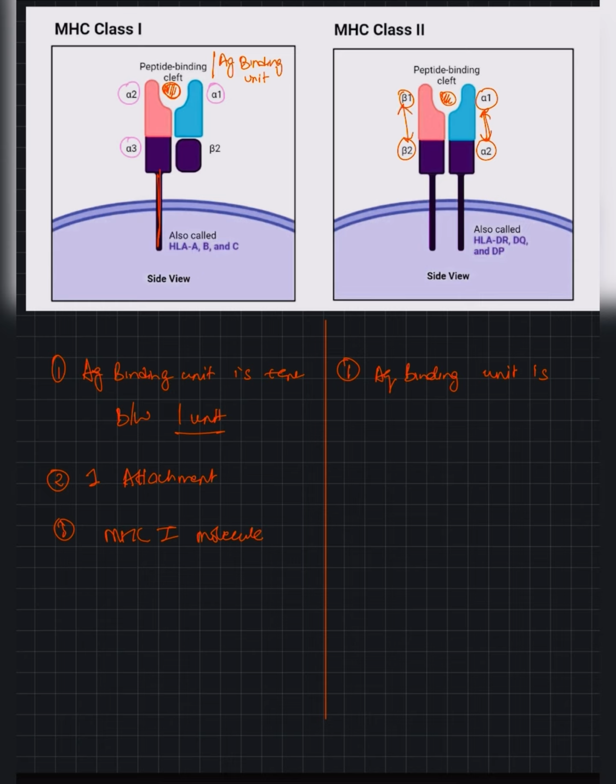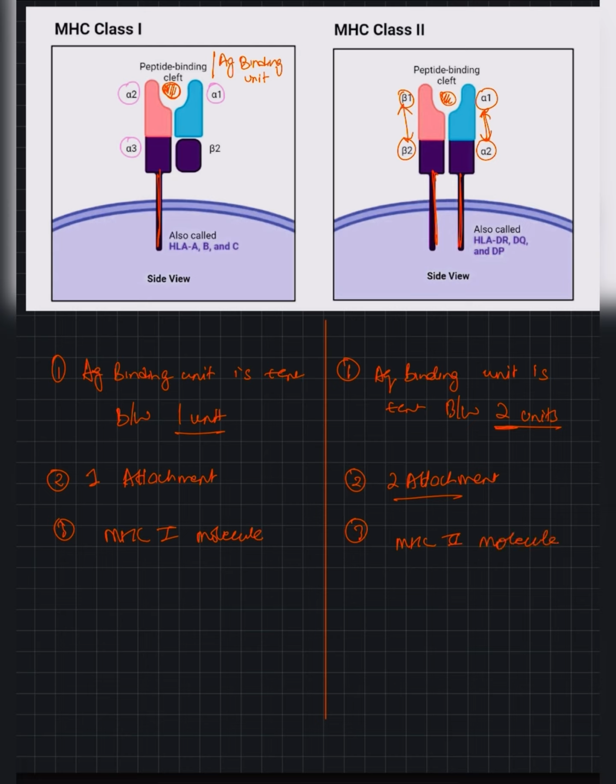So the antigen binding unit is present between two units, or two different types of unit. So two units for an MHC2 complex. Here we can see there are two attachments. So two attachments, two units for the MHC2 complex or molecule.